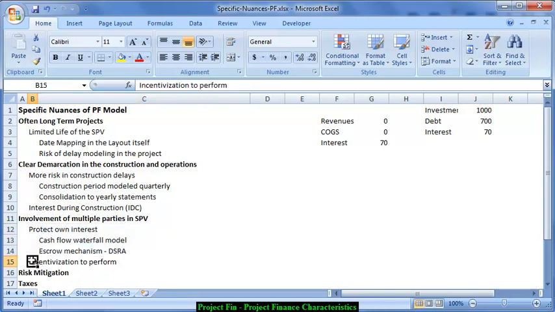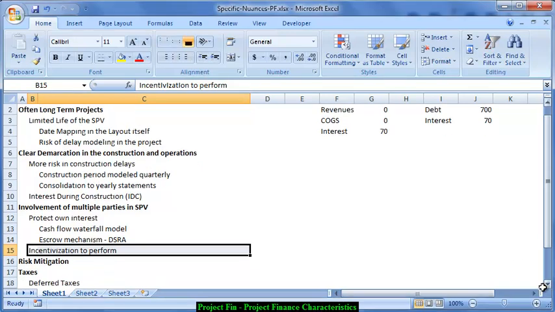Apart from that, the government or the party which is outsourcing the project might also want to incentivize the operational partner to make sure that they build it on time and they build it well. So they want to incentivize the party to perform.